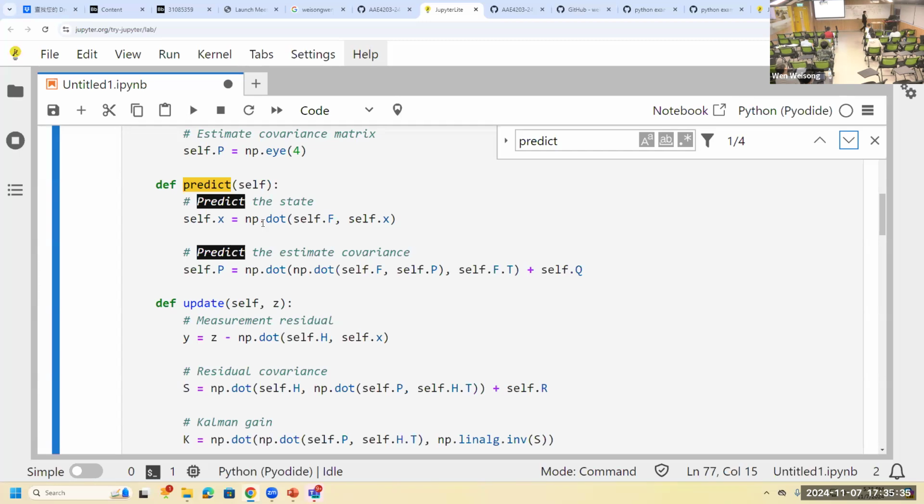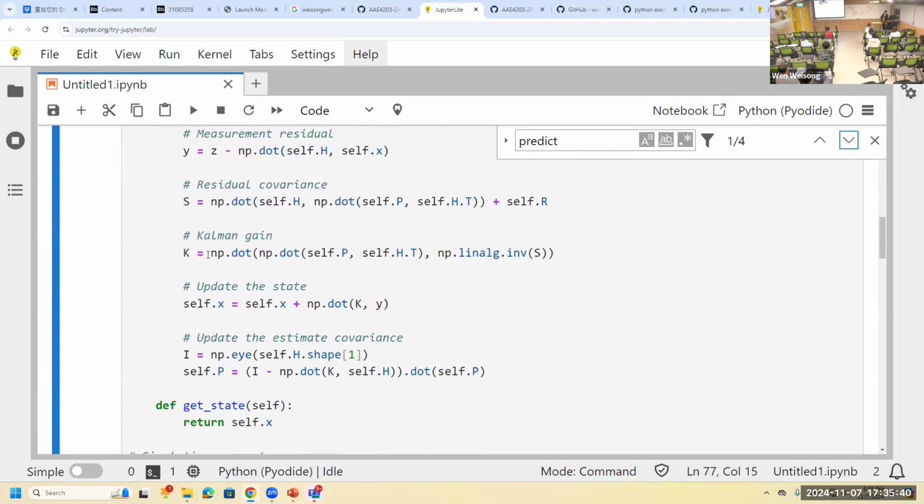After you get K, you can do the last two equations, X and P. I say you are quite lucky this year, because last year we didn't have examples and it was quite difficult to understand. But for this one, each equation is associated with each line of the Python code.